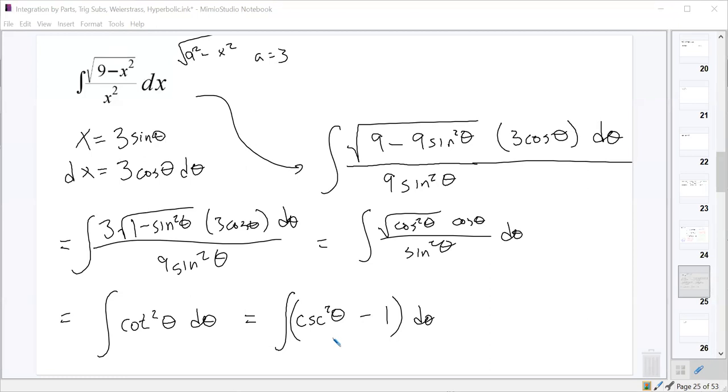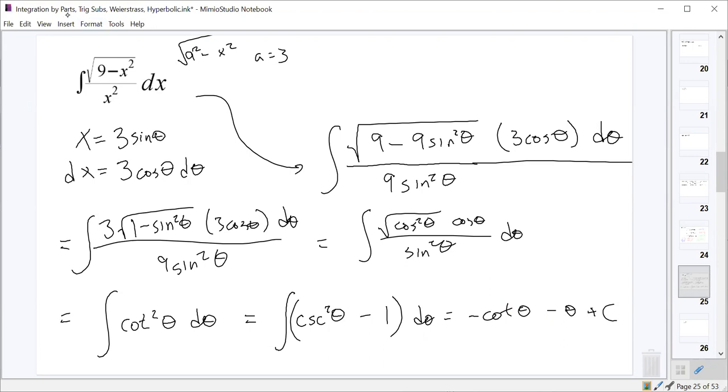Yeah, which gives us what? What's the integral of cosecant squared? Negative cotangent. All right, so we got negative cotangent theta and then minus, what's the integral of 1 d theta? Theta. Okay, so minus theta plus a constant. And is that our final answer?